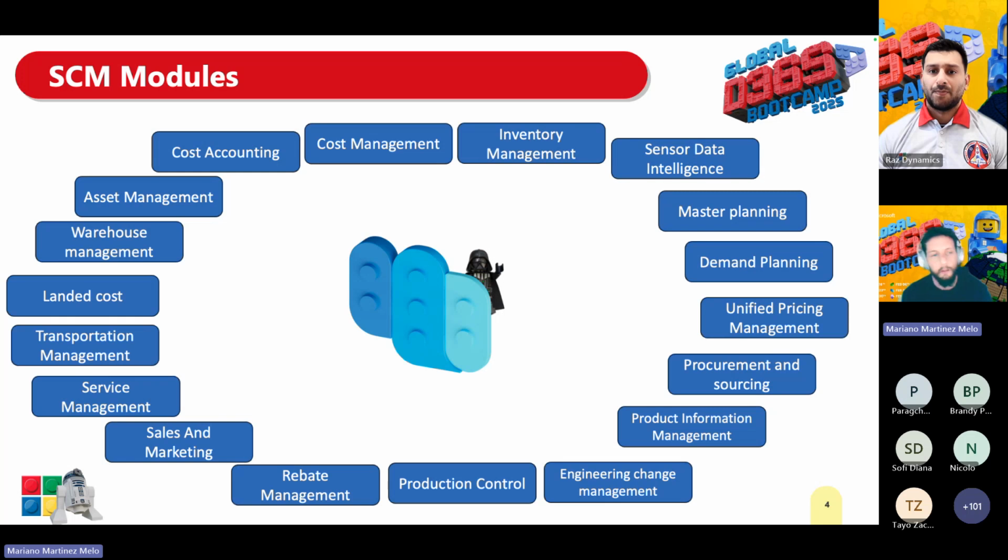Engineering change management is controlling all the changes in the product that happen with new versions of a manufacturing product mostly. So if we change a component, we can version that component, approve it, and handle the lifecycle process of this product. Production control is going to manage all the manufacturing processes.